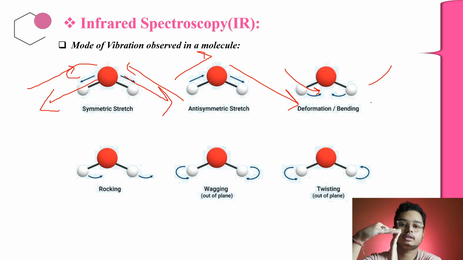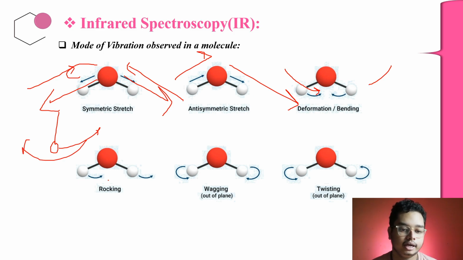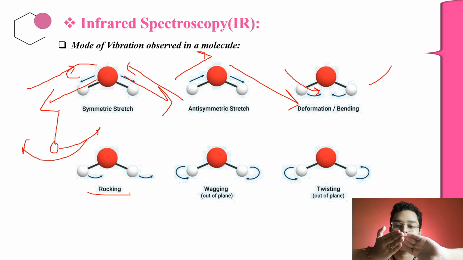Rocking means both move like a pendulum, going one way and then coming back. Wagging means both go toward the observer and then away. Twisting means one goes toward the observer and the other goes away from the observer.